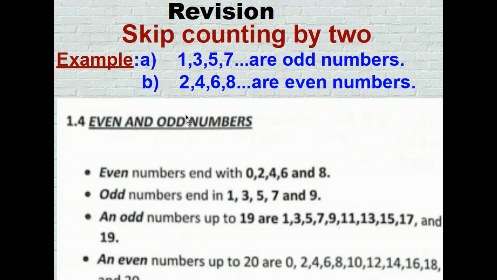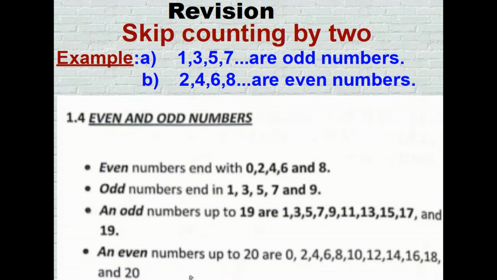Before we start today's lesson, let's revise what we have seen in the previous week's lesson. It's about skip counting, and we have seen even and odd numbers. When we say skip counting by 2, it means there is a difference of 2 between two consecutive numbers.